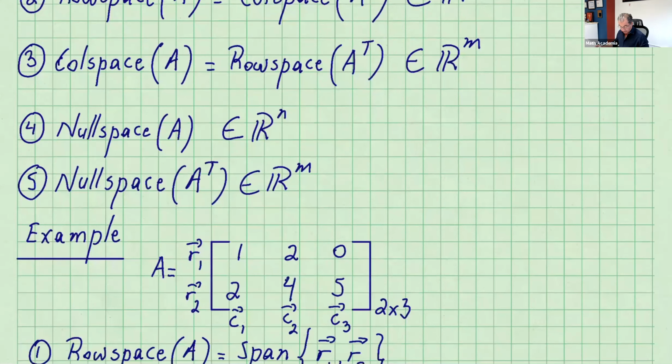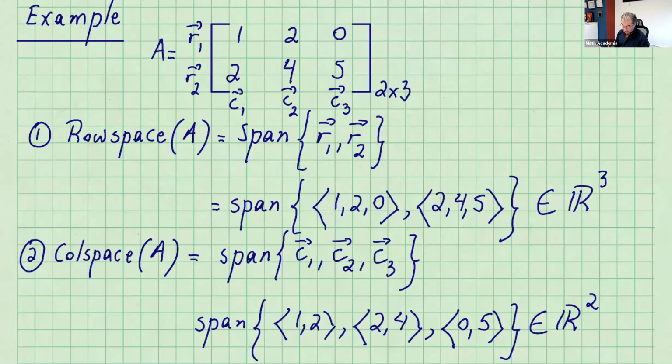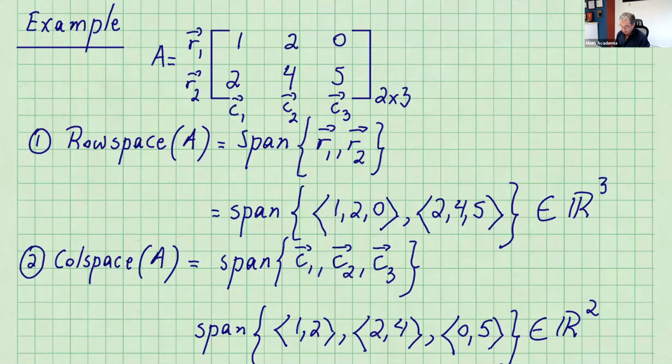Let's see a little example here. So here we have a 2 by 3 matrix, and I put the rows, again, these are vectors, and you can see the columns, I call them C1, C2, C3. The row space of A is the span of R1 and R2. And if I write that, the span of (1, 2, 3), that's the first row, and that's the second row.